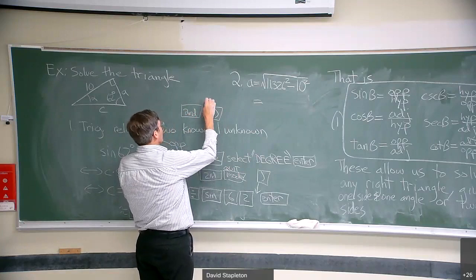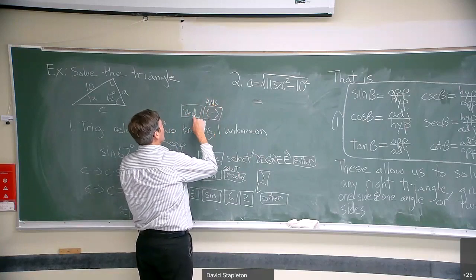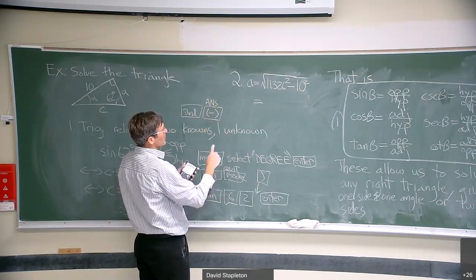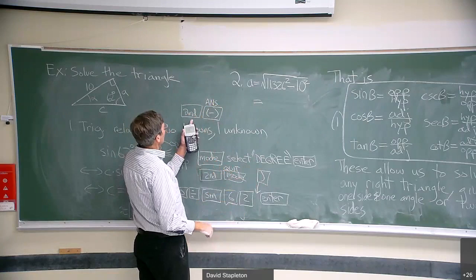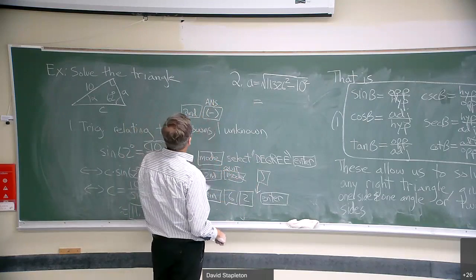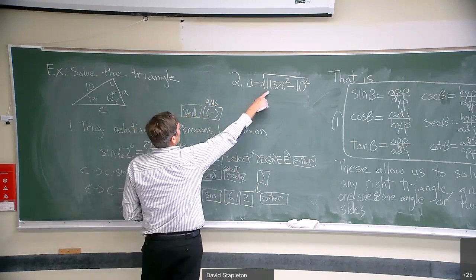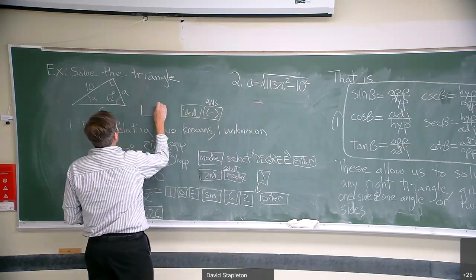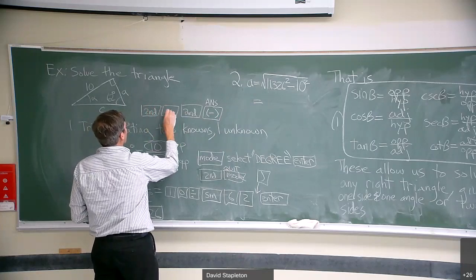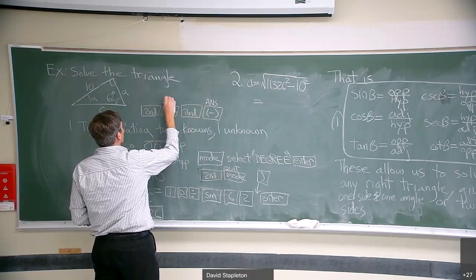Because above that, there's an ANS. This brings back whatever was the last answer on the display. In this case, 11.326, blah, blah, blah. So I'll push second answer when I want to get that one. And what I need to do to compute A now is push second x squared, because up above x squared is its inverse, the square root, right?